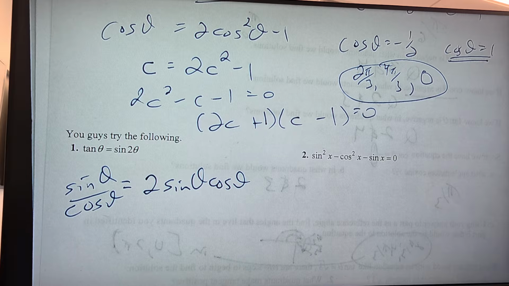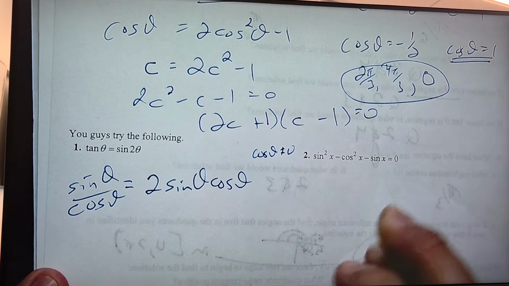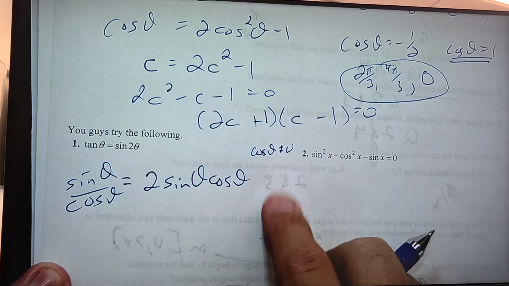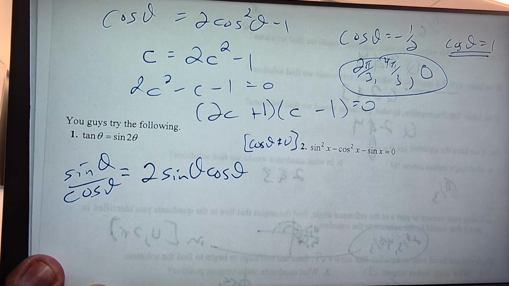If cosine was 0, wouldn't this equation freak out? What would happen if cosine was 0? I would get something divided by 0. That's a black hole. So let's not let that happen. Over here, I'm just going to remind myself that cosine theta can't be 0. I don't want black holes to show up, so let's keep an eye out for that.